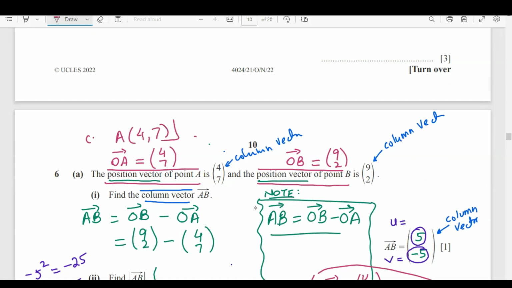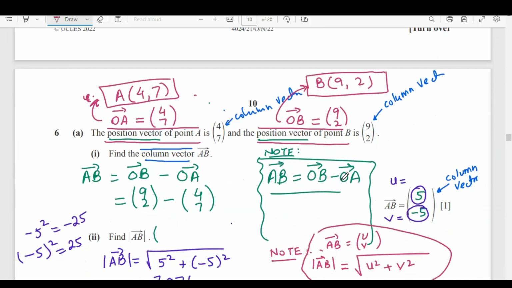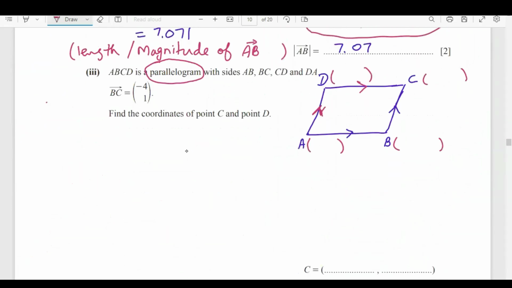If OB equals 9, 2, we write the B coordinate as 9 comma 2 with the help of the vector OB. So the coordinate of A is 4, 7 and B is 9, 2.